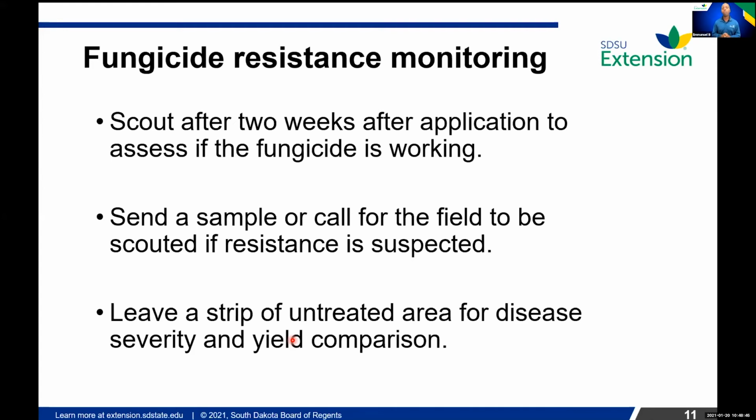But really, the take home is, what are you treating for? Is it for white mold? Is it for frogeye? Is it for brown spot? And what is helping you to make that decision? Are you seeing enough disease pressure to warrant a fungicide, or can you not worry about applying a fungicide if there's such a low disease and if the crop is already ahead in the growing season?